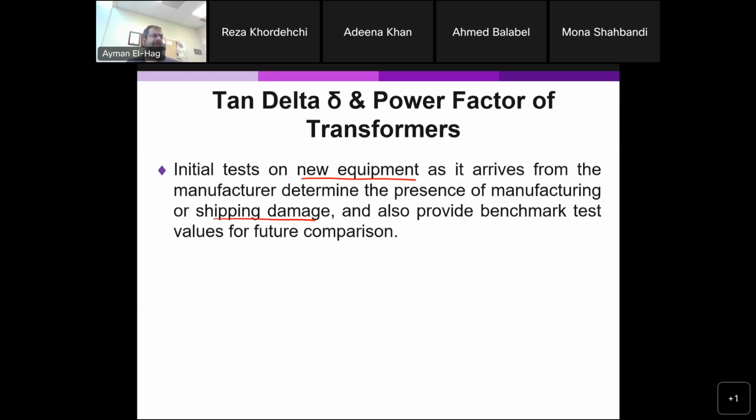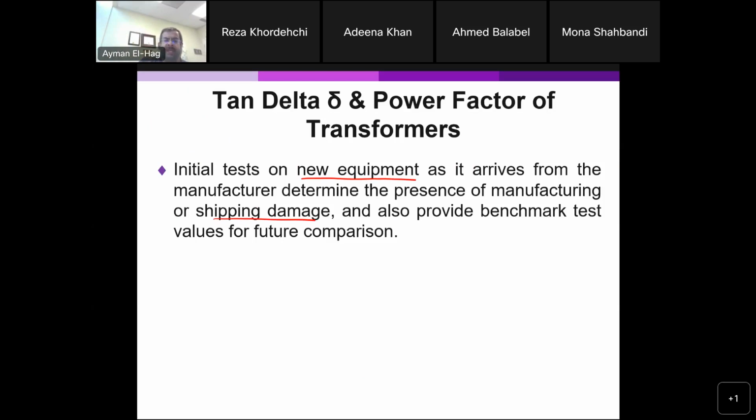If any damage happened in the insulation system during the shipment, like for example a transformer, especially the power transformer, it's a huge mass and goes for long distances. So something can happen, some vibration can happen, and damage the insulation system.